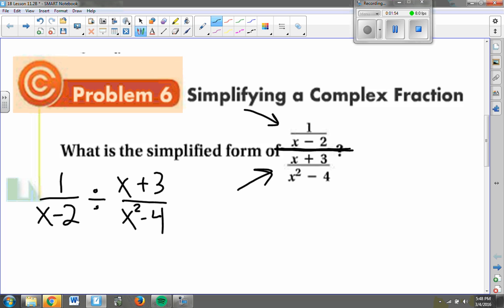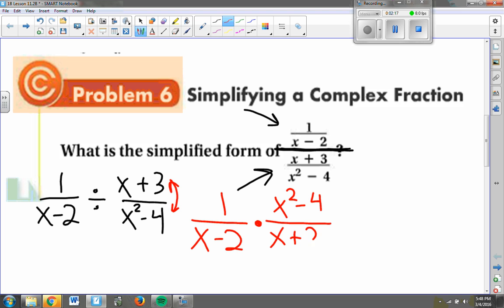Now that we are dividing, we know that when we divide rational expressions, we simply take the second fraction, flip it upside down, and change the divide symbol to multiply. So really we have 1 over x minus 2 multiplied by x squared minus 4 over x plus 3.